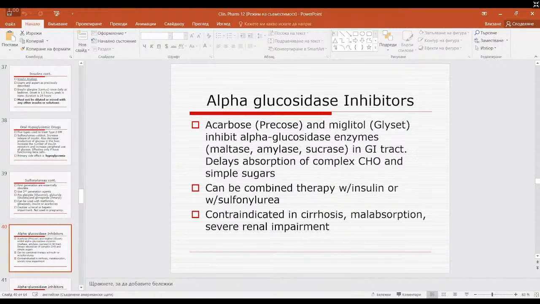So when this enzyme is blocked by the alpha glucosidase inhibitors, less sugar is being absorbed in the gastrointestinal tract, so less sugar goes to the bloodstream. These drugs are contraindicated in cirrhosis, in malabsorption, and also in severe renal impairment.